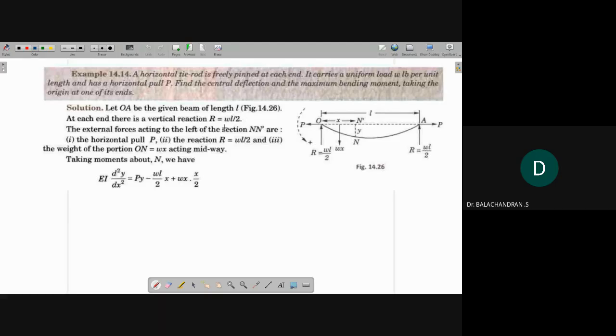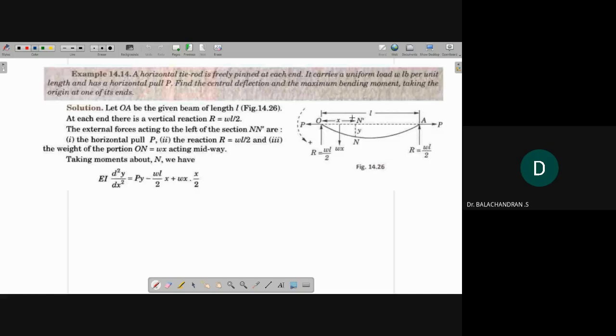To come to this reaction, first I will ask you: the total length is L, and the uniform load is W or omega per unit length. So what is the total weight acting on the beam? The length of the beam is L, and omega lb per unit length is the load per unit length.